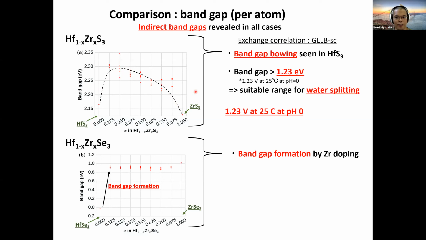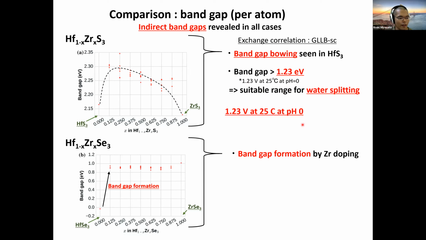Remarkably, HfS3 band gaps are all above 1.23 electron volts. This 1.23 electron volts is the required potential for water splitting. So that means this has a suitable band gap range for water splitting.